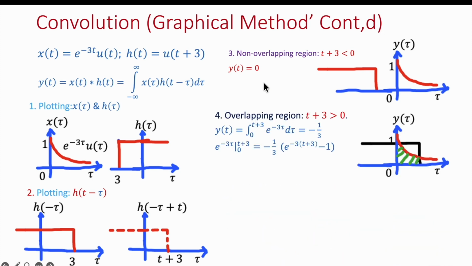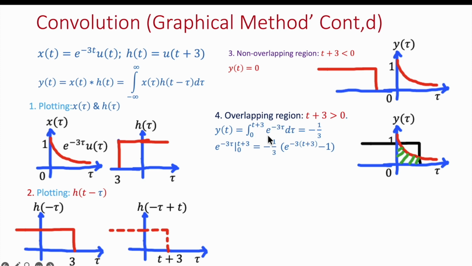The fourth one is the overlapping region, where the limit t plus 3 is bigger than 0, or you can say if the value of t is greater than minus 3. If t plus 3 is greater than 0, then you can write y of t is equal to the integral from 0 to t plus 3 of e raised to power minus 3 tau, and you know u of tau is equal to 1, so you don't need to write 1.